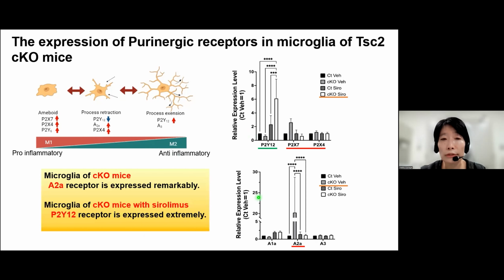Then look at the graph below. In cKO mice, this gray bar, microglia expressed predominantly higher levels of A2A receptor, while expression of both P2X7 and P2X4 receptors was not significantly higher. These results suggested that in cKO mice, microglia probably have less intense inflammatory properties, and then Sirolimus treatment makes them anti-inflammatory.